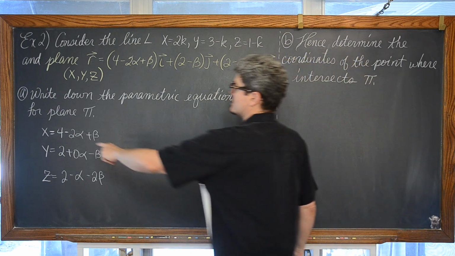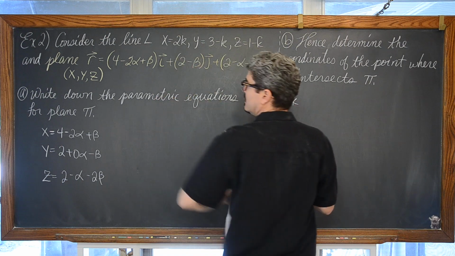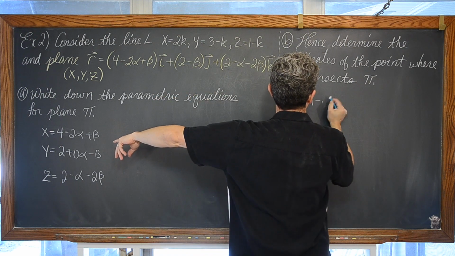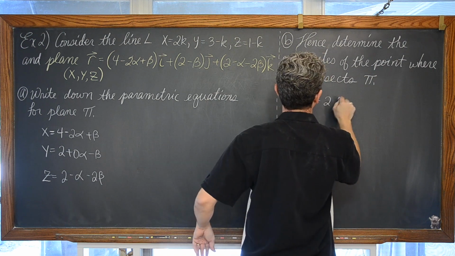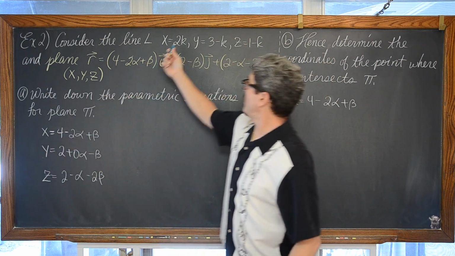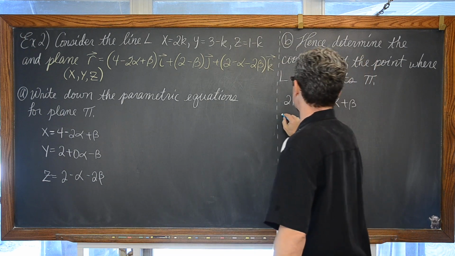So x is equal to 2k, which is now 4 minus 2 alpha, except I keep writing alpha. And y, well, the general y coordinate for this line is 3 minus k.